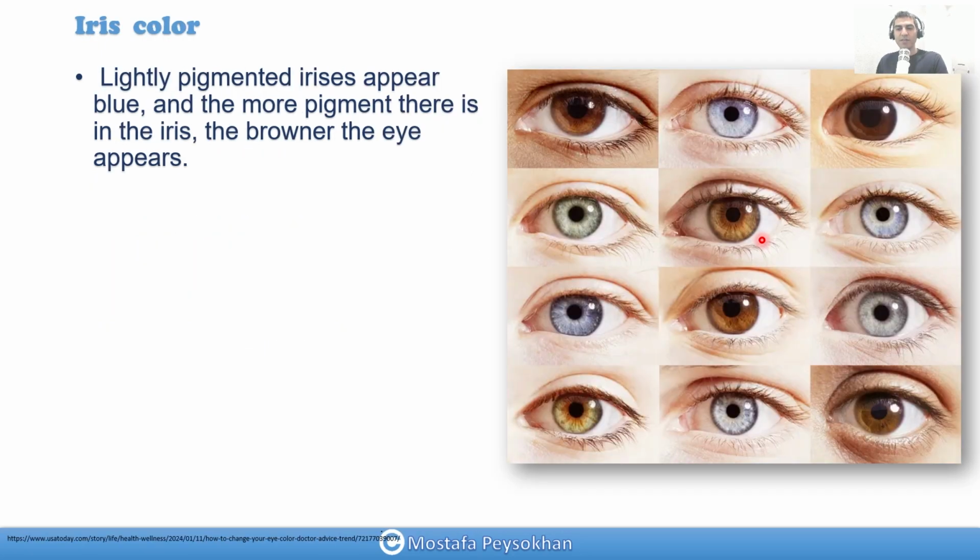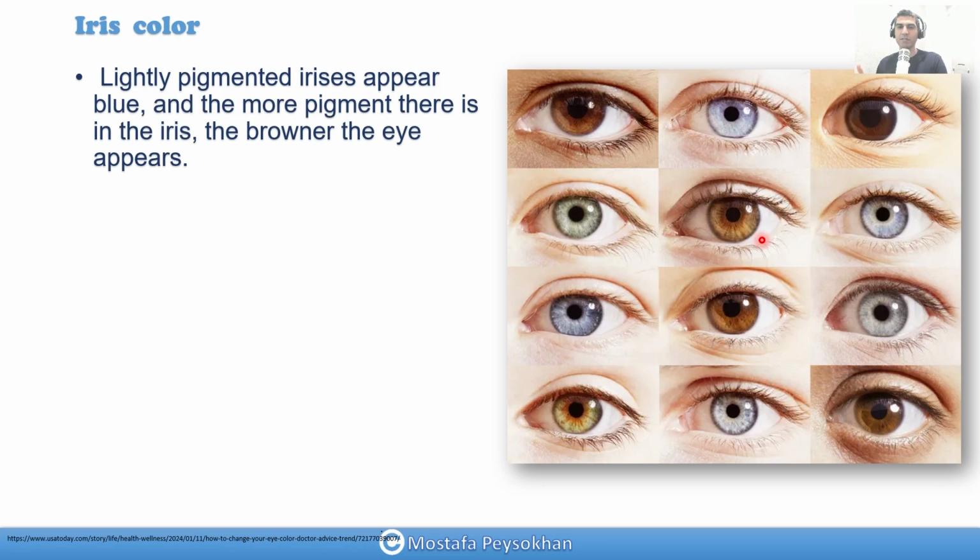The other concept that you notice first when you see somebody is the color of the eye. All eye color comes from the color of the iris, because the pupil is black, the inside of the eye is black. The only difference is the color of the iris. If it is lightly pigmented, the pigmentation is low, then the color usually goes to blue colors.